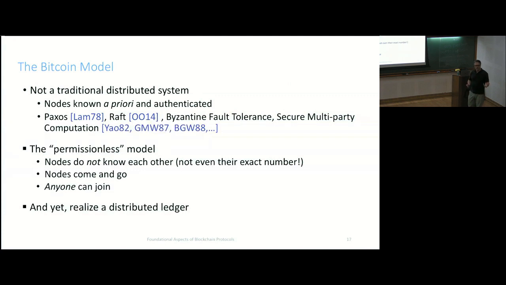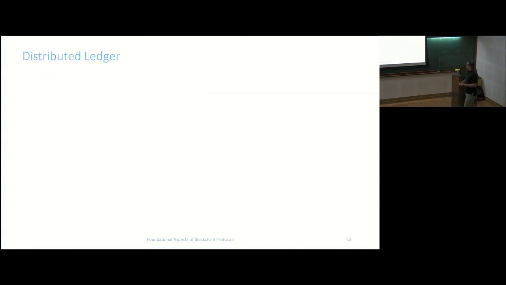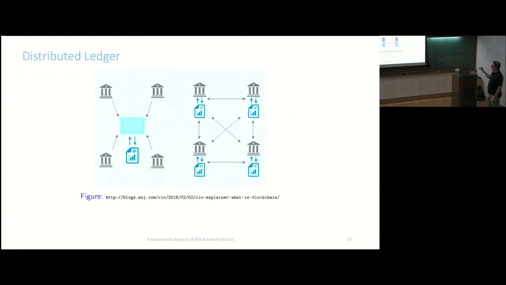And still, what you want to do is realize this distributed ledger where parties get the same view. All right, so here's a pictorial. Here all transactions are centralized, and here we have a bunch of transactions going to all these parties, and they have to communicate and try to emulate this central ledger.